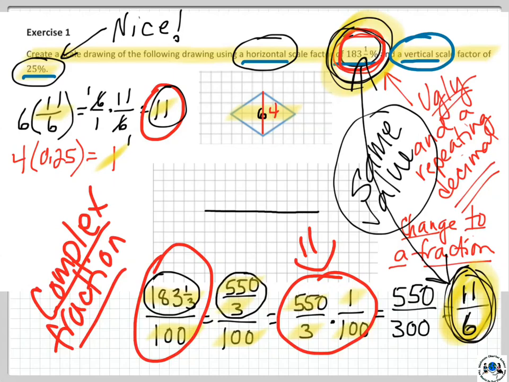Okay, so that's the easy part. 11 units across is my diamond's length. Now the problem is that it's only 1 unit high. Therefore I need to fit this whole diamond across in this one space here, and that's what I had a little bit of difficulty doing when I first did this.